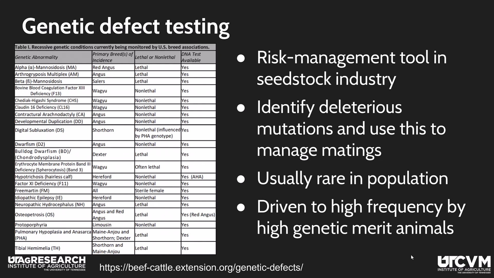He gets used a whole bunch. That drives the frequency of that deleterious mutation up substantially. So as these new genetic defects become apparent in breeds, oftentimes we can go and do some detective work back into the pedigree and find that animal where the mutation occurred, and more often than not, they had very, very large footprints on the breed.